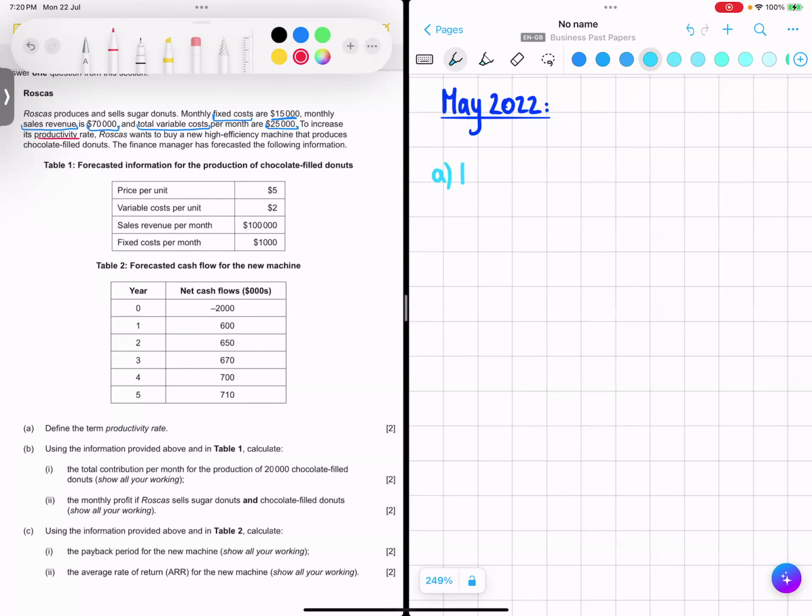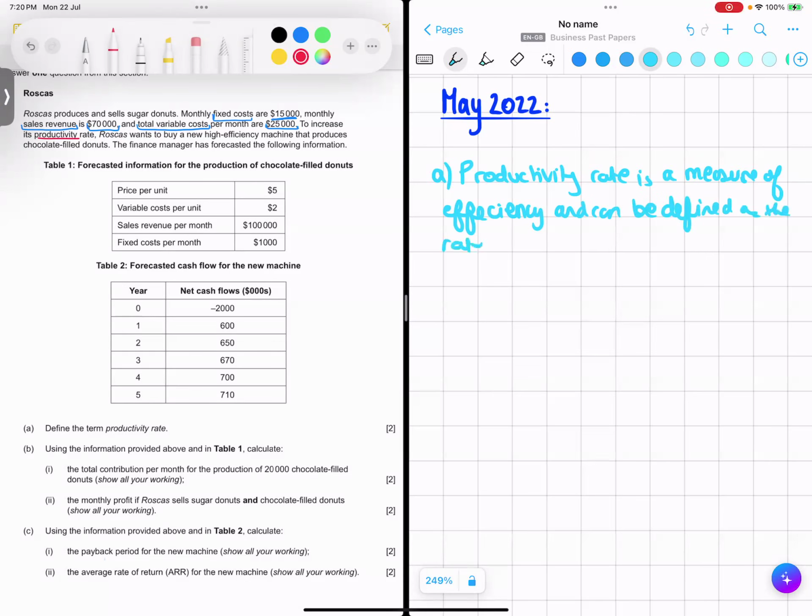So what is productivity rate? Because they want us to define it. Productivity rate is a measure of efficiency and can be defined as the rate of output to input production.